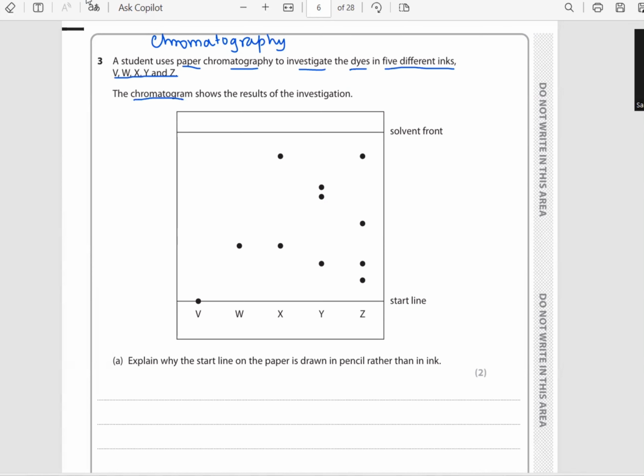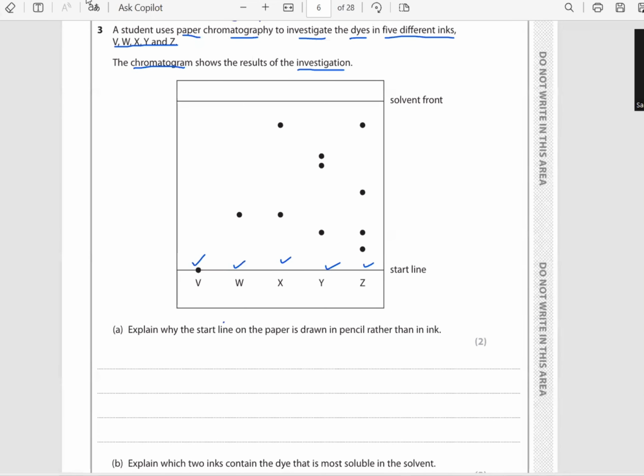The chromatogram shows the result of the investigation. So he is choosing V, W, X, Y, and Z. Explain why the start line on the paper is drawn in pencil rather than ink.